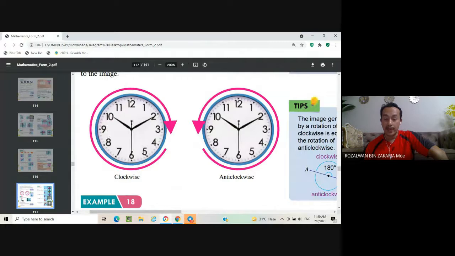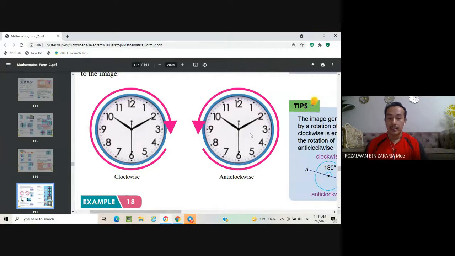And the second diagram shows you the anti-clockwise direction, which is against the movement of the needle of this clock. So you must know how to differentiate the direction of clockwise and anti-clockwise.